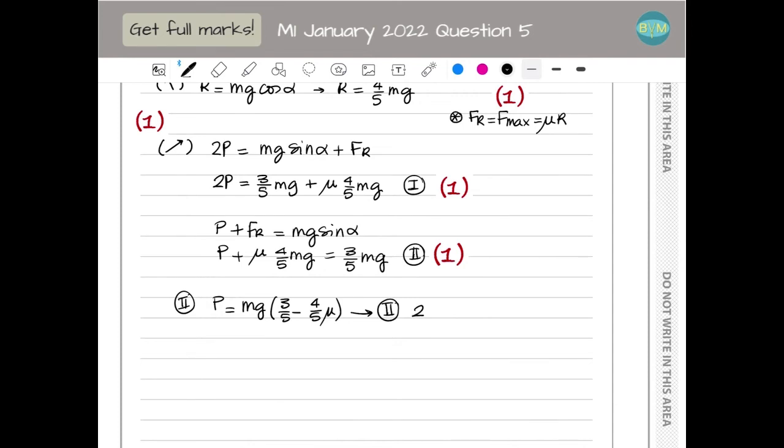So I have 2p, and instead of p I'm going to write this expression here. So 2mg times 3/5 minus 4/5 mu is going to be this second part.